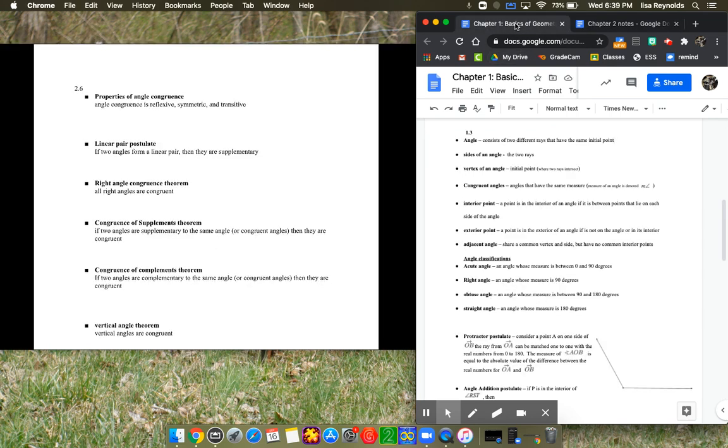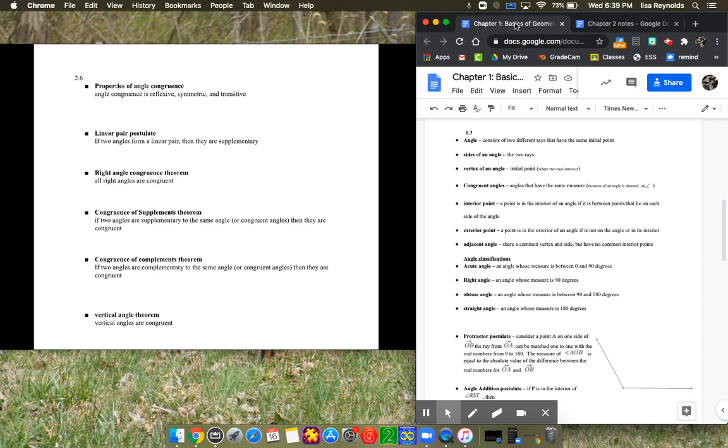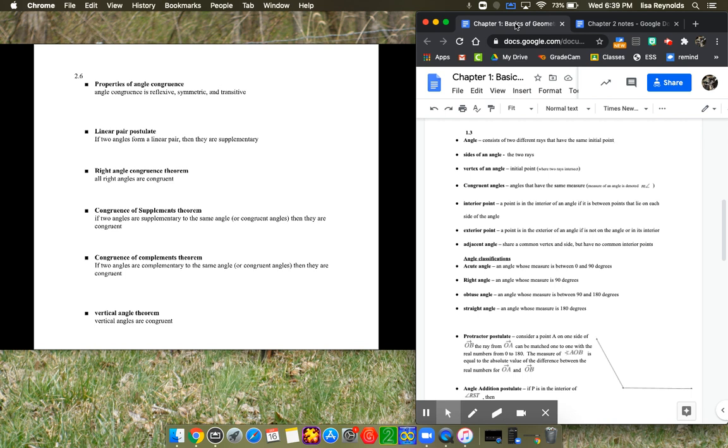So in our Chapter 2 notes, we're going to look at some new theorems. We have our properties of angle congruence. So the reflexive property, the symmetric property, and the transitive properties are all true for angle congruence.